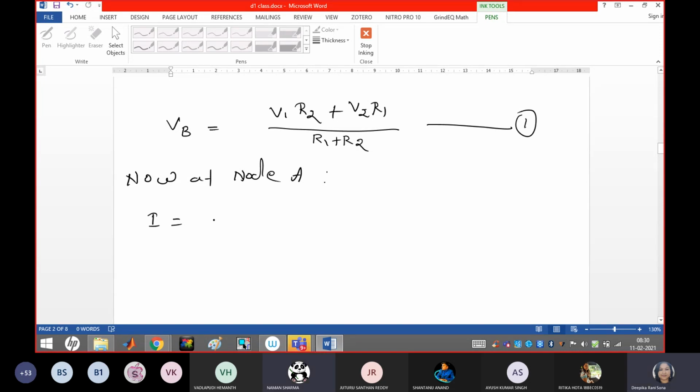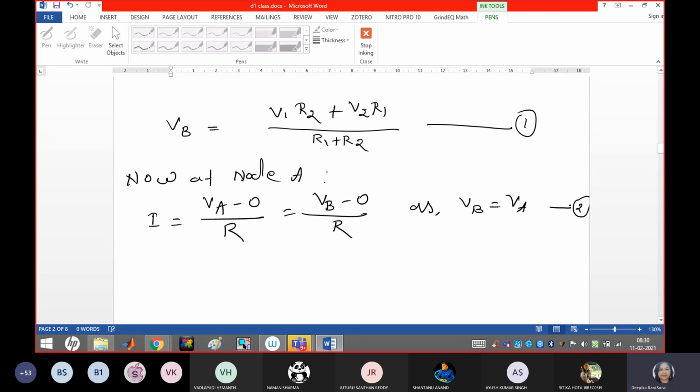Ma'am, V0 minus VA by RF. Yes. If I proceed from VA to the ground side, it is VA minus 0 by R, which is nothing but VB minus 0 by R, as we know that VB equals VA. Suppose this is equation 2.